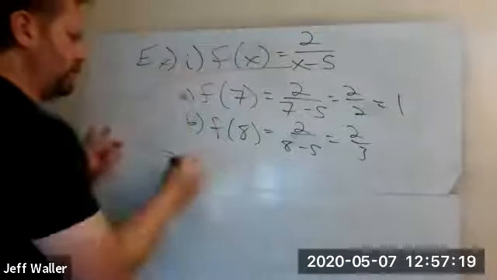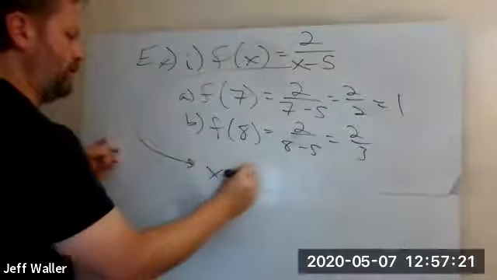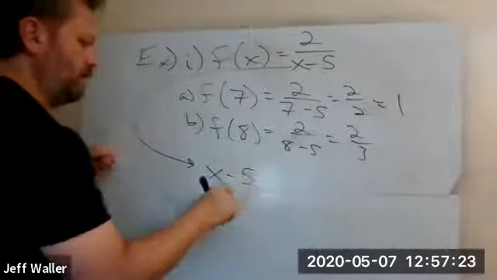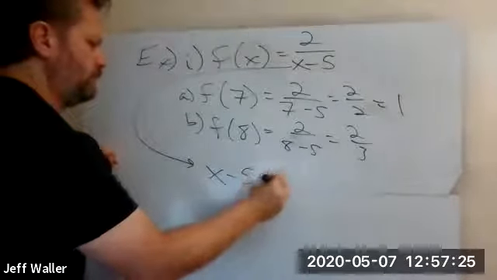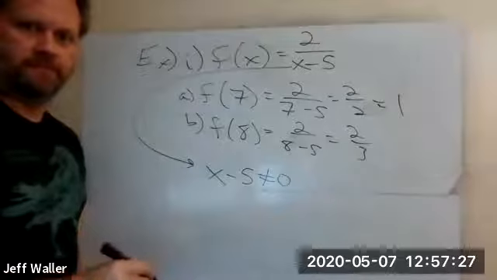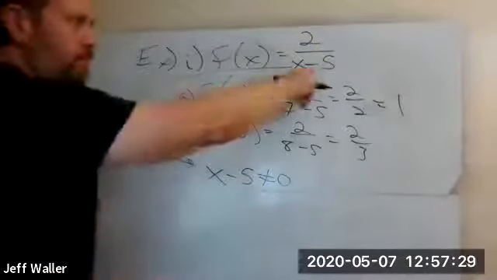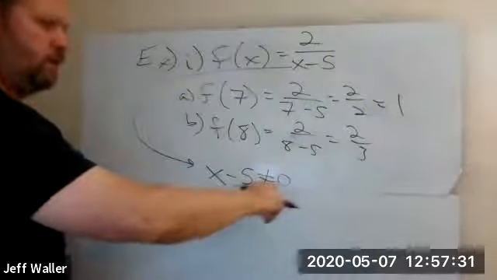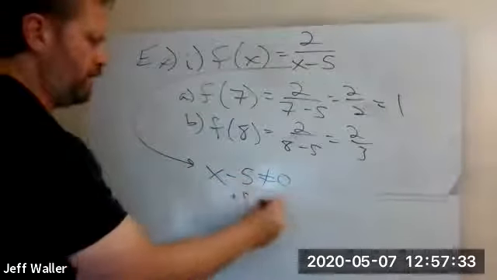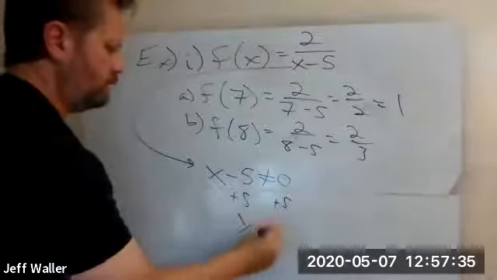X minus 5 cannot equal 0. Okay, good. I love it. I actually enjoy that answer. You didn't answer me. You actually told me how to get the answer. X minus 5 can't be 0. Is that what we're saying? The bottom can't be 0. If I solve this, I get that x can't be 5.